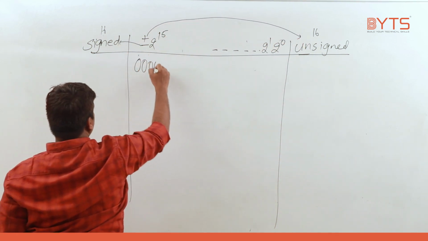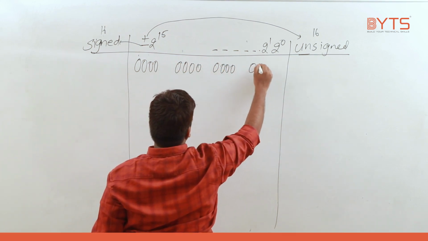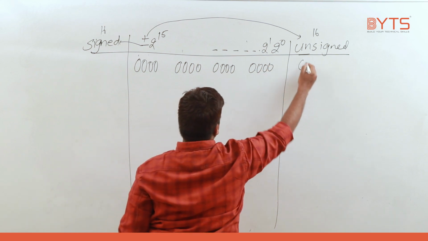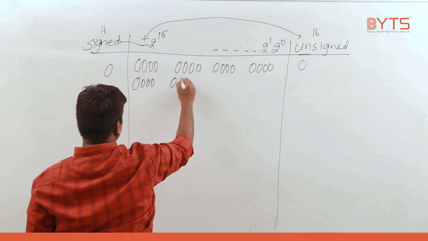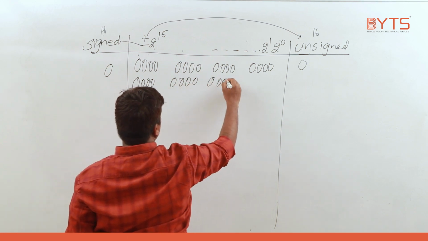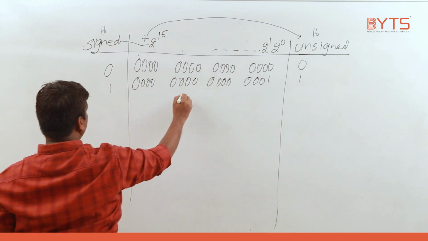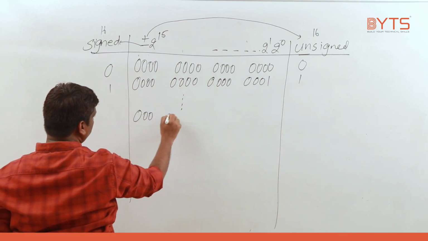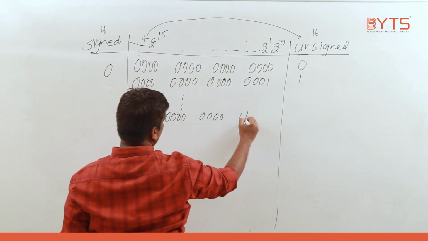Let me write all 0s. This is 0 here, here also 0. Then 1, here also 1, here also 1, and so on. Let me take 0, 0, 0, then 1, 1, 1, 1.